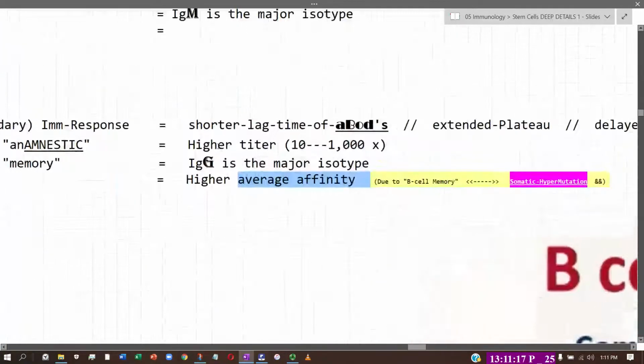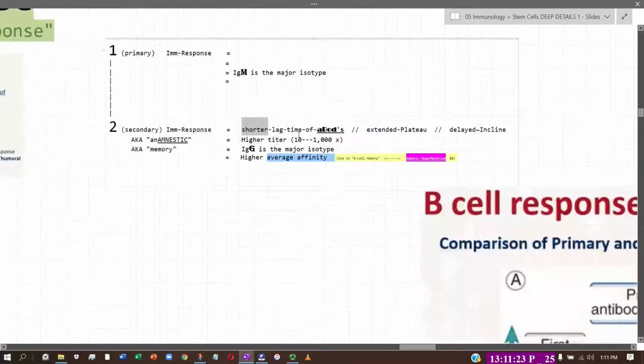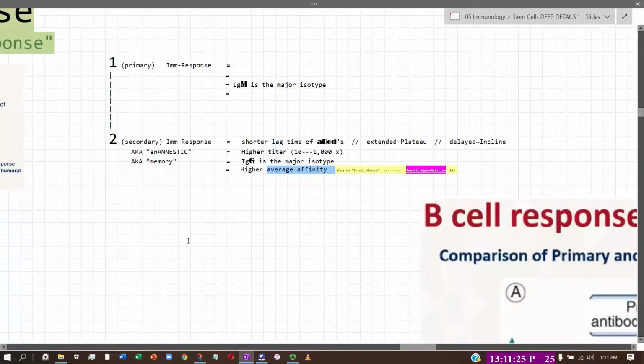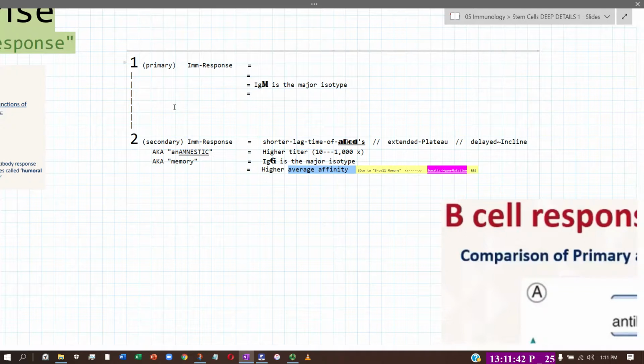In general, you see all these keywords, higher and higher right here, and also shorter lag time. So here is this comparison that I have so far between a primary immune response and a secondary immune response. And again, this is primary adaptive immune response, and then secondary adaptive immune response.